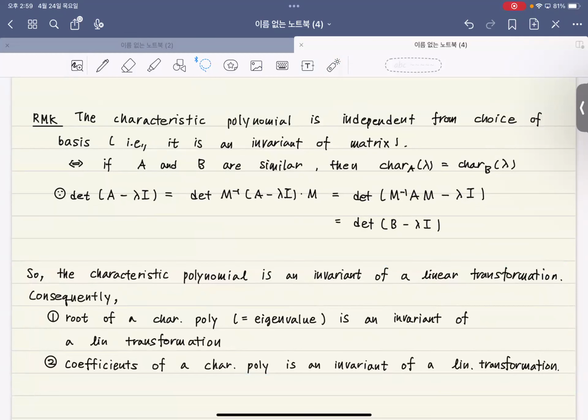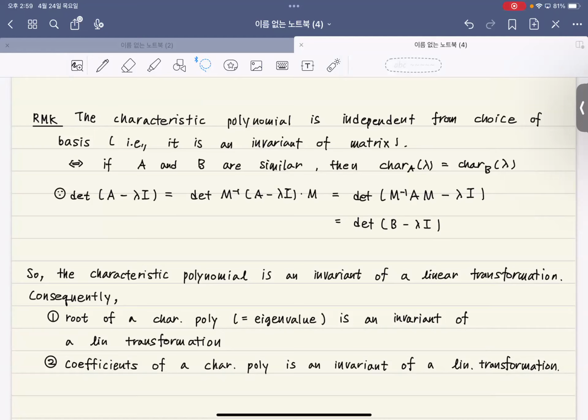So the characteristic polynomial is an invariant of the linear transformation. Therefore, the roots of the characteristic polynomial, in other words the eigenvalues, must also be an invariant of the linear transformation, an invariant of the matrix, right?